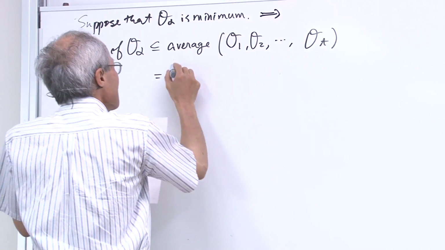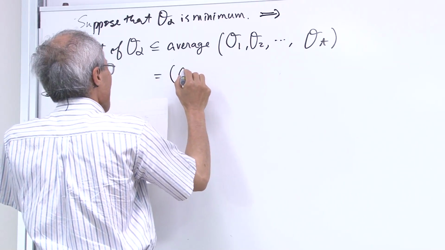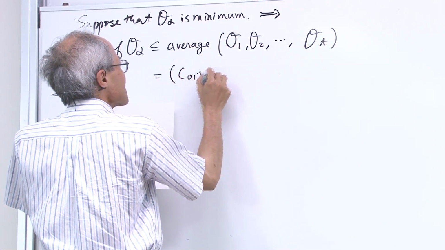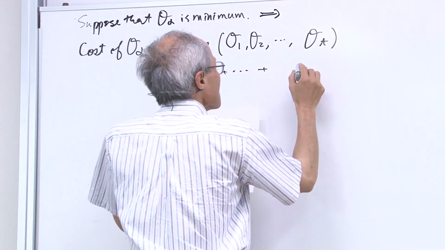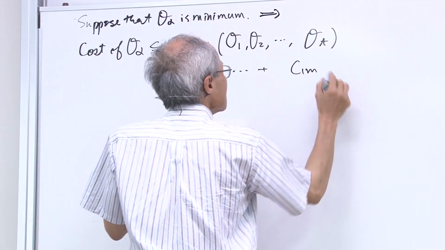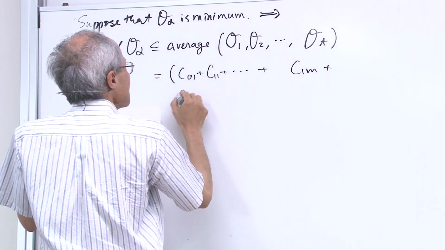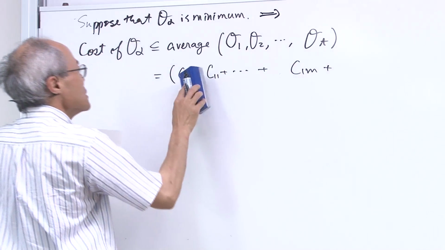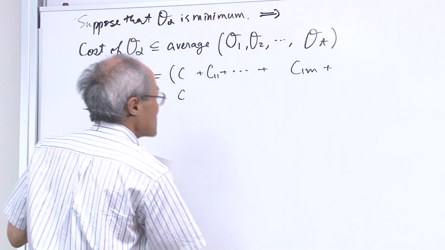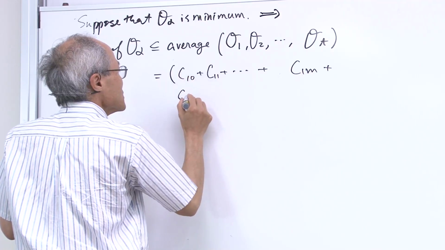Average is of course quite easy. C01 plus C11 plus C1M plus C10, two zero.